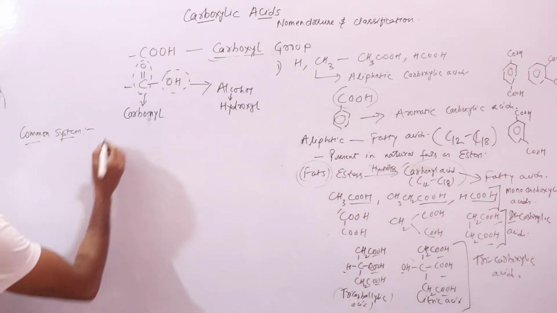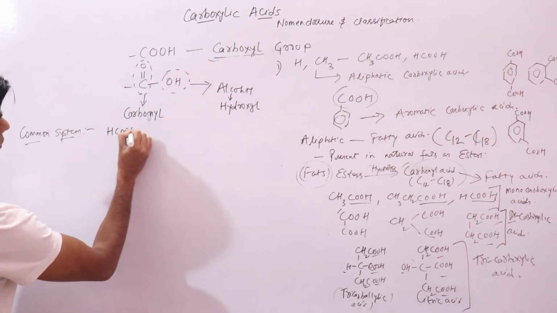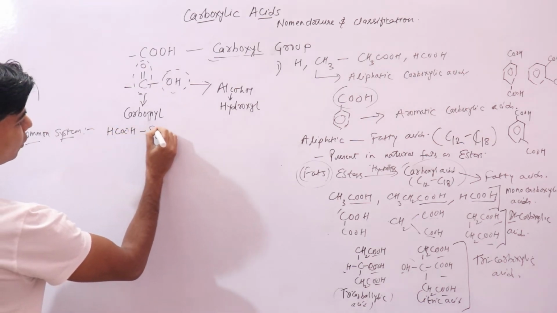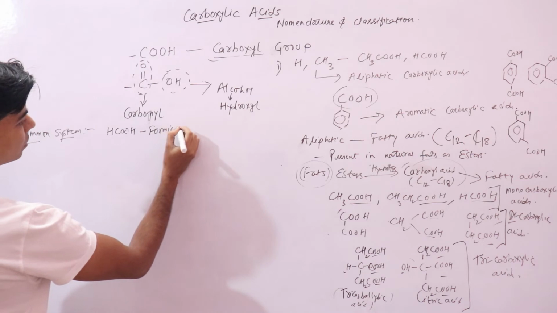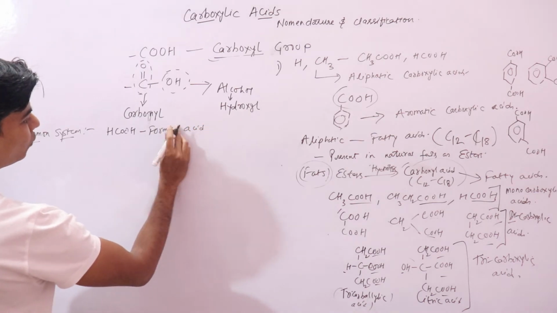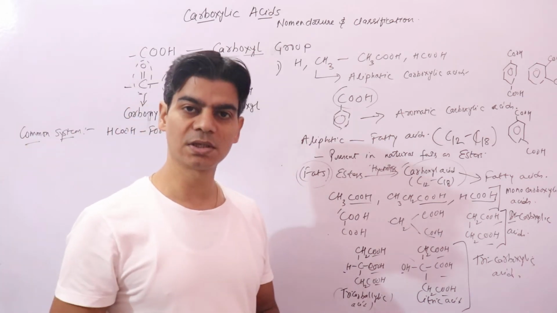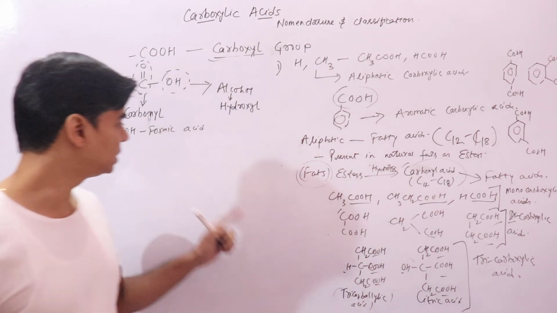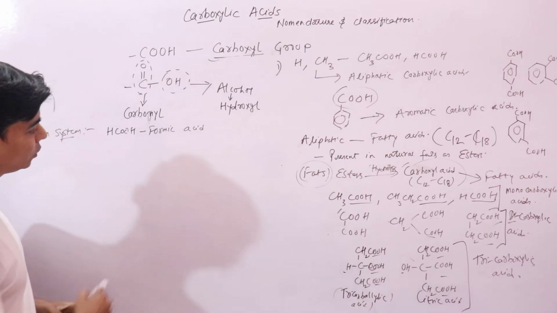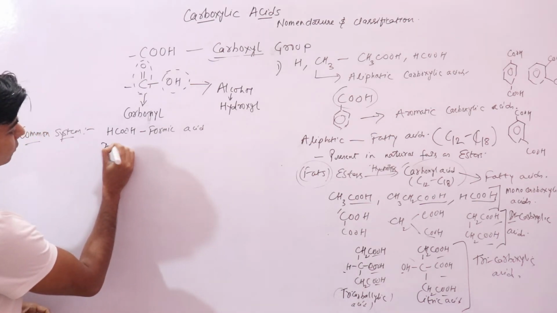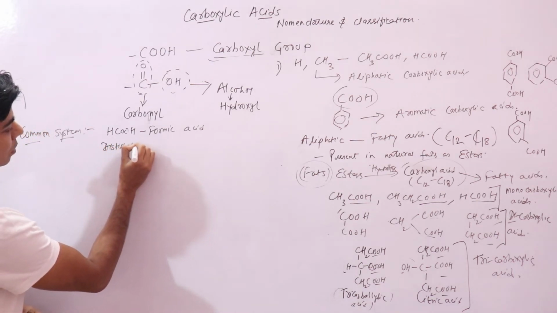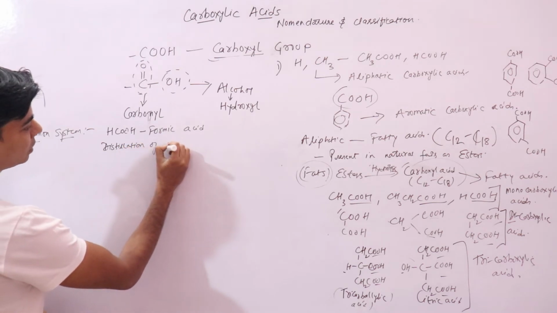For example, HCOOH is your formic acid. Why do we call this formic acid? In the common system of naming, it is because this acid used to be obtained from the distillation of red ants.